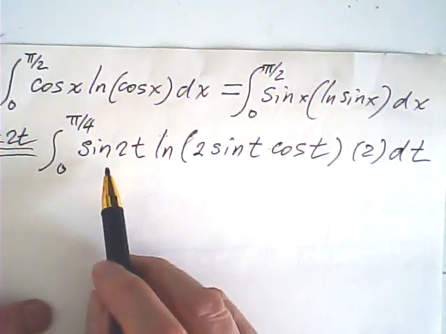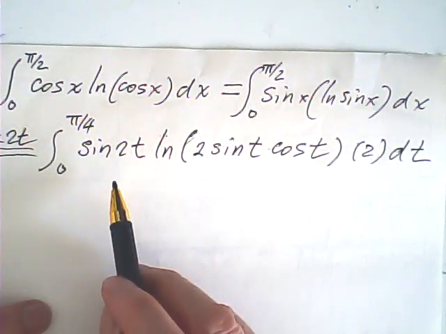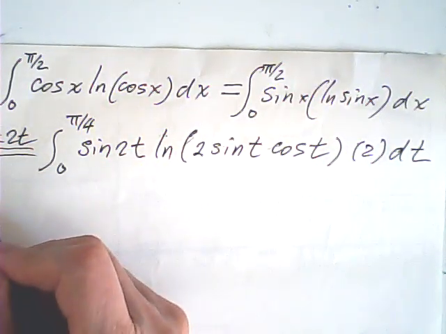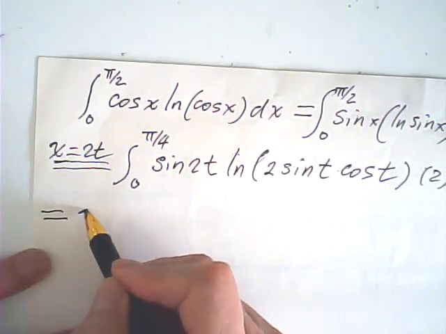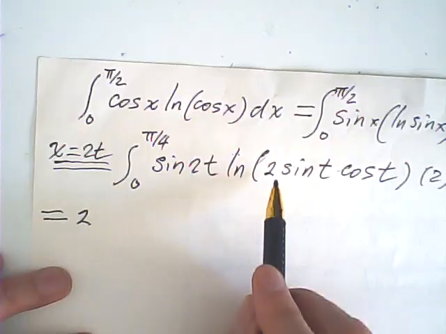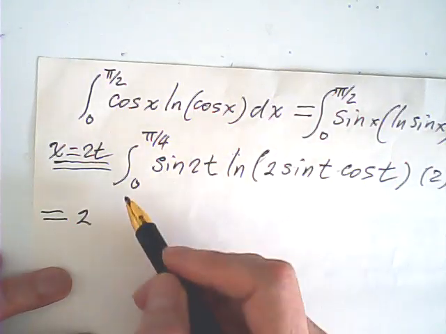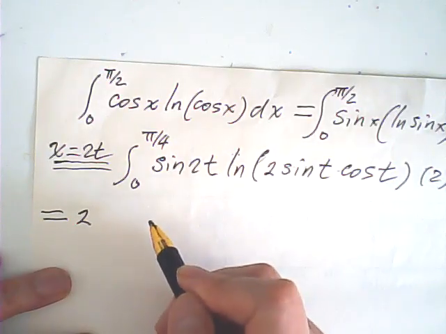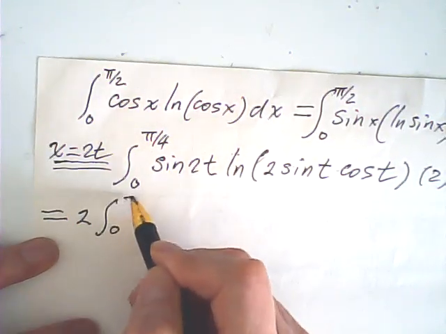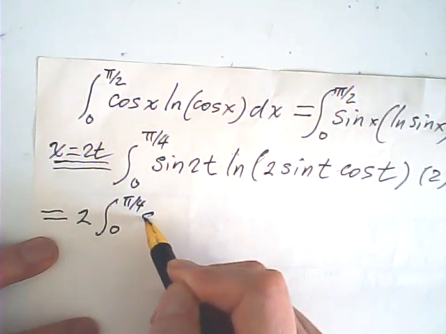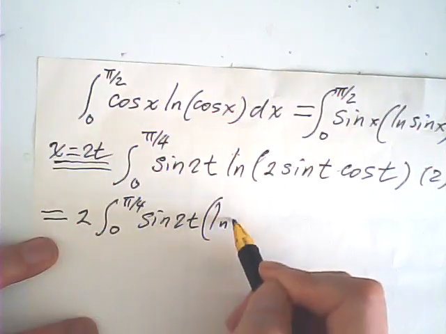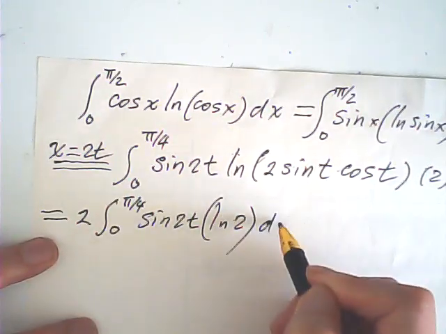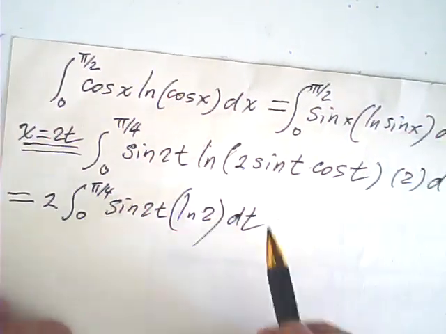Then I can split this integral into 3. Let me put 2 outside. The first integral is the integral from 0 to quarter pi of sine 2t log 2 dt. That's the first one.